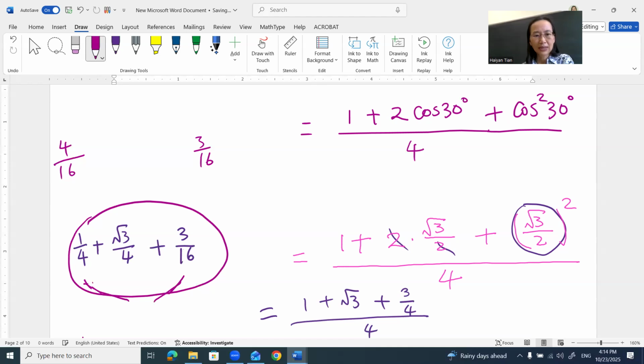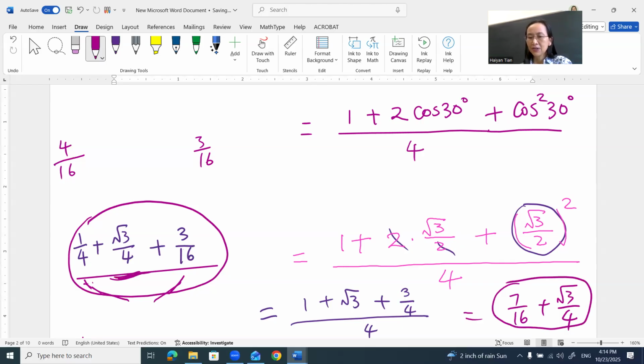So these two together will be 7 over 16. And then okay, you have one more number. That's the square root of 3 over 4. Okay, so that's the answer for this problem.